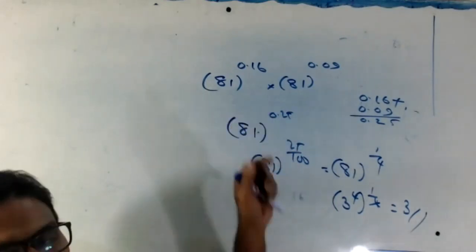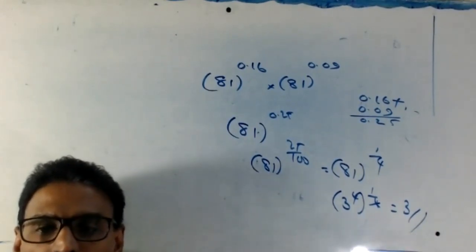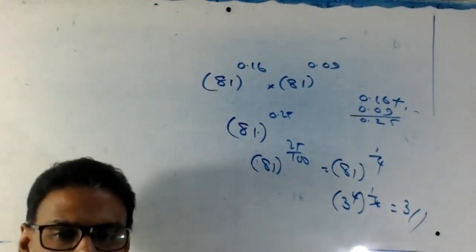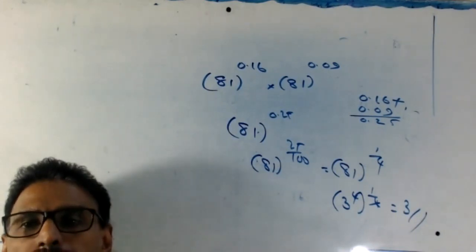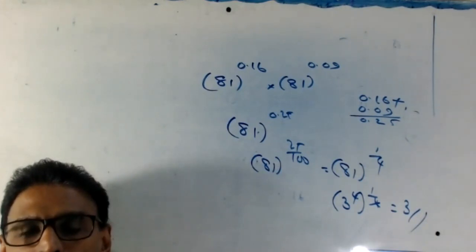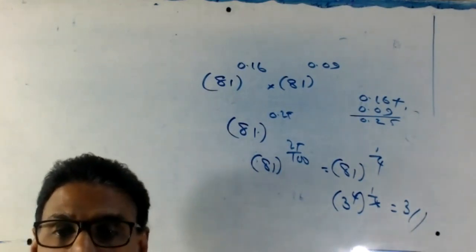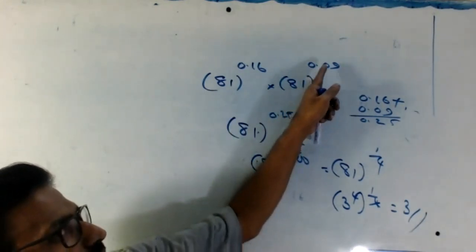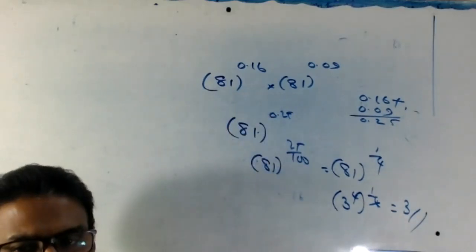Okay. What is A raised to M into A raised to N? Tell me that. Asma, A raised to M into A raised to N is what? Okay, I'm waiting. M plus N. Okay. 81 raised to 0.16 into 81 raised to 0.09. Same base. If the base is same, we can add.